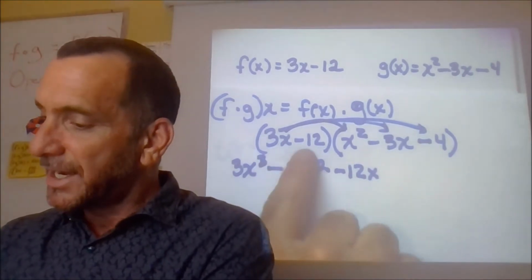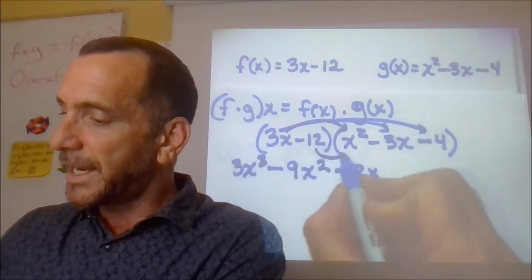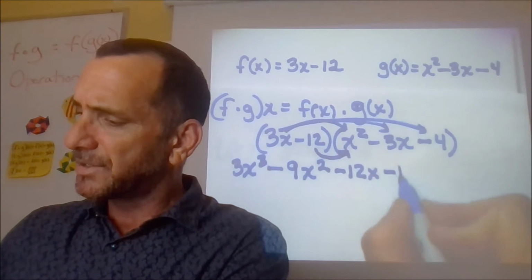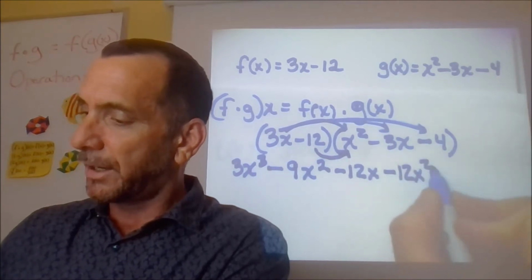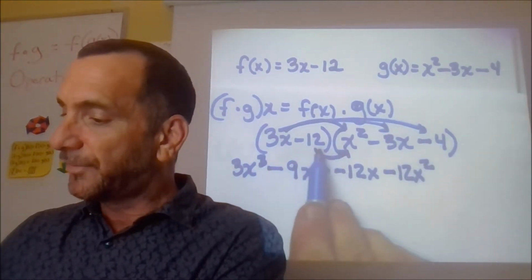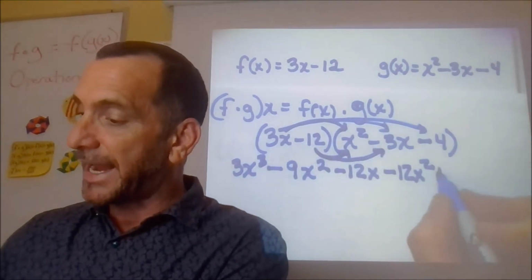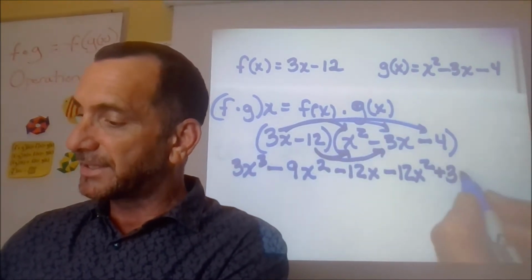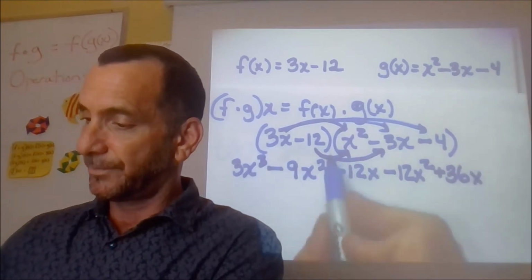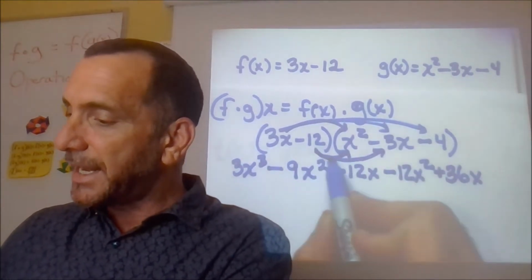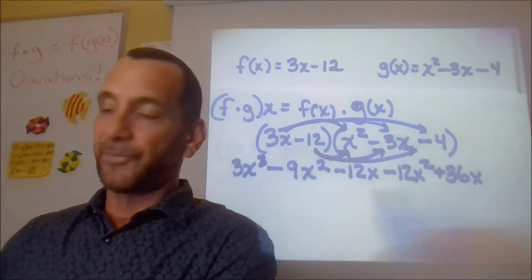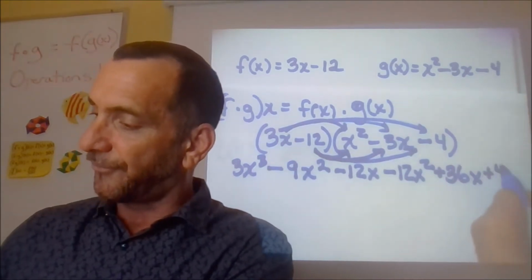So let's do this. Negative 12 times x squared is minus 12x squared. Then we've got negative 12 times negative 3x is a plus 36x. And negative 12 times negative 4 is plus 48.